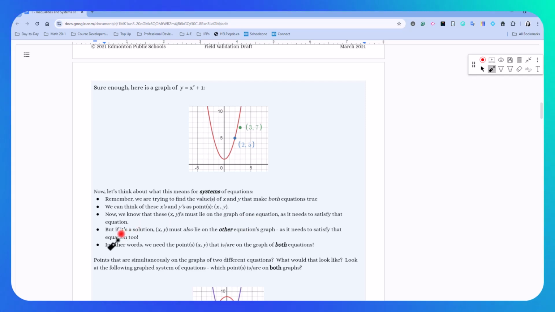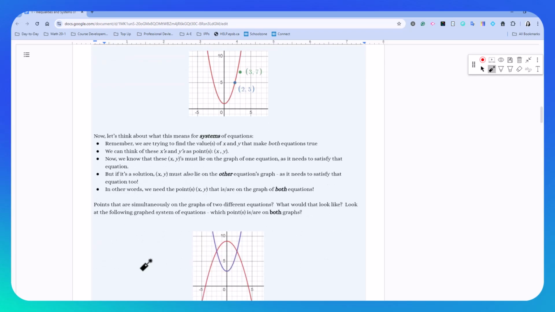But if it's the solution, x and y must also lie on the other equation's graph, as it needs to satisfy that one too. So in other words, this point, x and y, is on the graph of both equations.